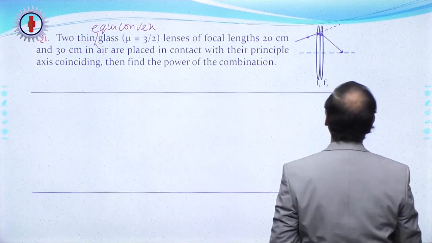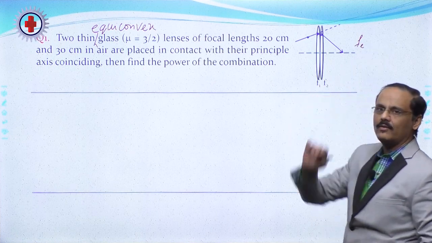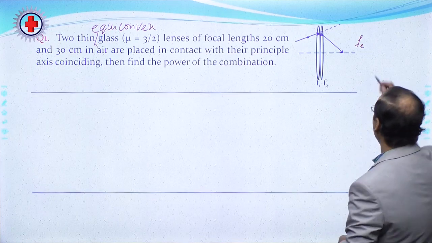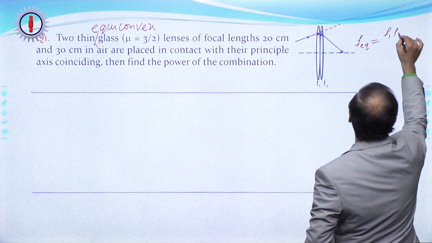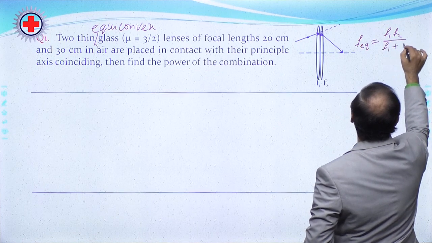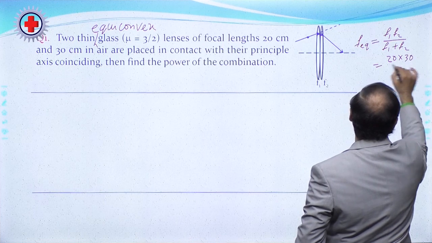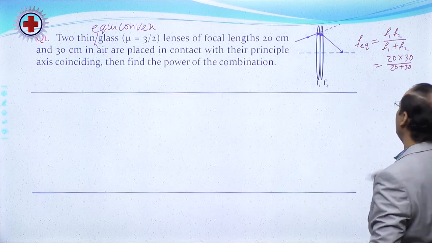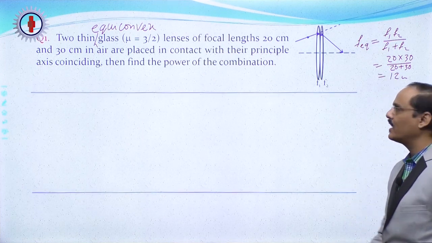So, when two lenses are placed in contact, 1 upon F equivalent equals 1 by F1 plus 1 by F2, from which we can write F equivalent as F1 F2 upon F1 plus F2. If you put the values, 20 into 30 by 20 plus 30, that is 600 by 50, which is equal to 12 centimeter, the focal length.